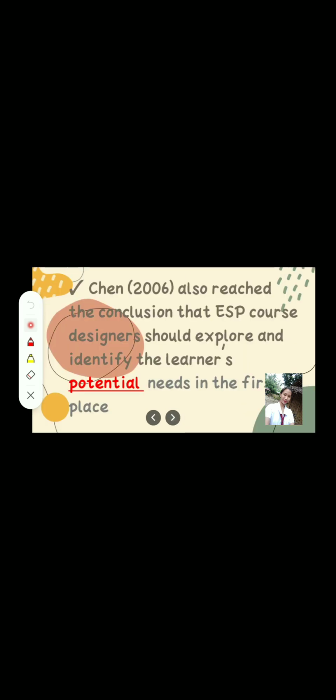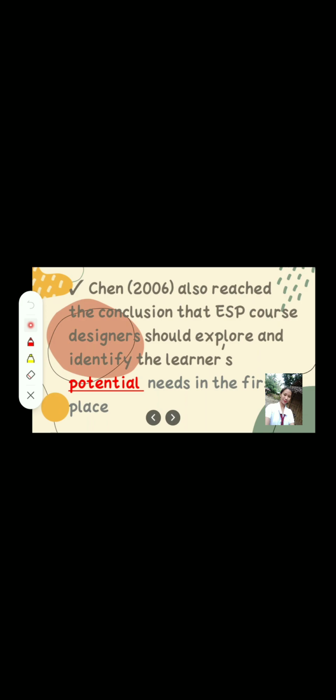Okay, next slide. Chen 2006 also reached the conclusion that ESP course designers should explore and identify the learner's potential needs in the first place. It is relevant to Brown 2016. He points out that collecting data from learners is very crucial.